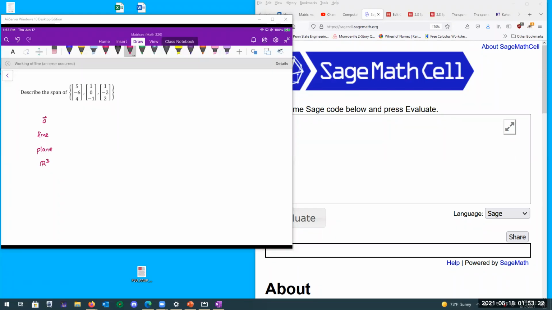We know that it's definitely not the zero vector, and it's not a line, because we see these two vectors, for example, are not multiples of each other. And so our question is, do we see a plane? Do we see all of R3?